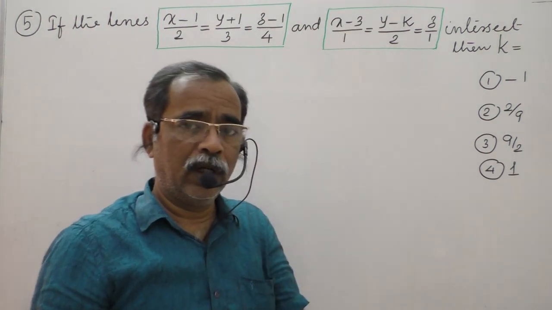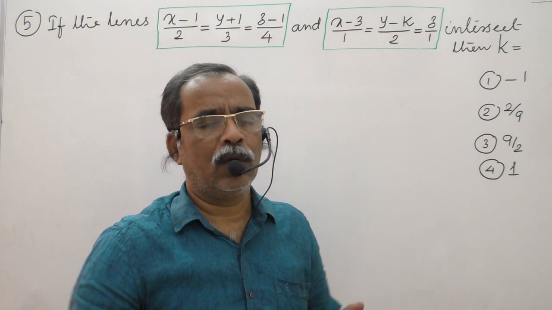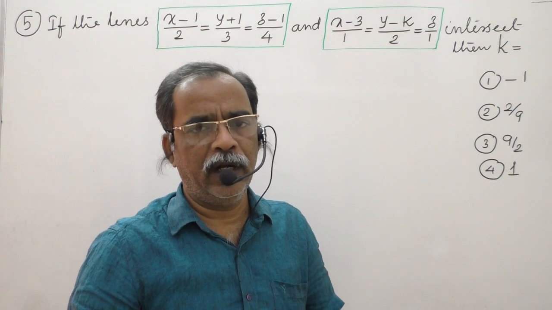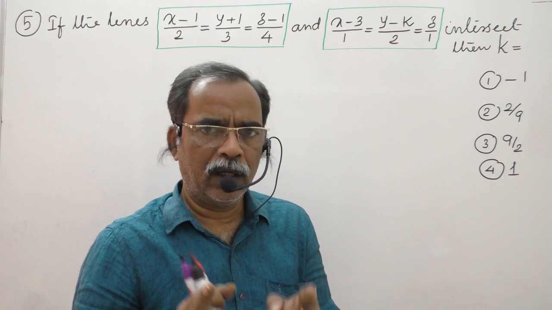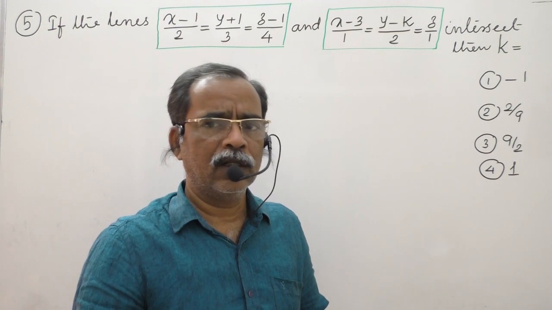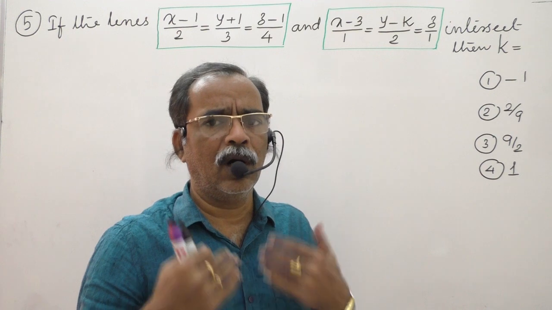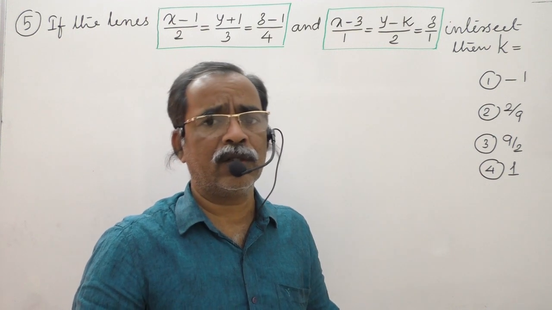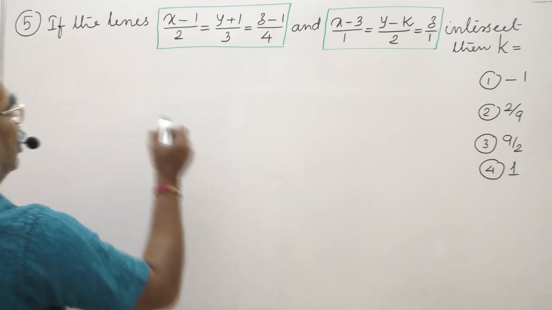I have told in the conceptual videos about coplanarity of 3D lines. The lines, if they are parallel or intersect, then they are coplanar. The lines which are neither parallel nor intersecting, or non-coplanar lines, such lines are skew lines. So here what is the concept?